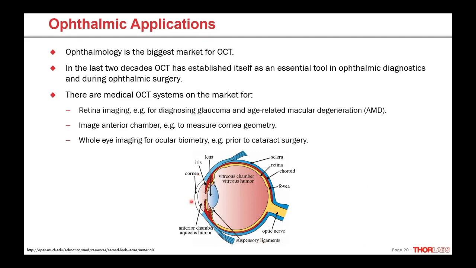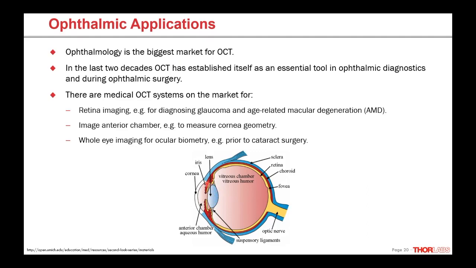So here I have a sketch of an eye, and one application is retina imaging. The retina is the yellow layer back here, and it can be imaged, for example, for diagnosing glaucoma and age-related macular degeneration. Then we have imaging of the anterior chamber, which is over here with the cornea, iris, and lens.